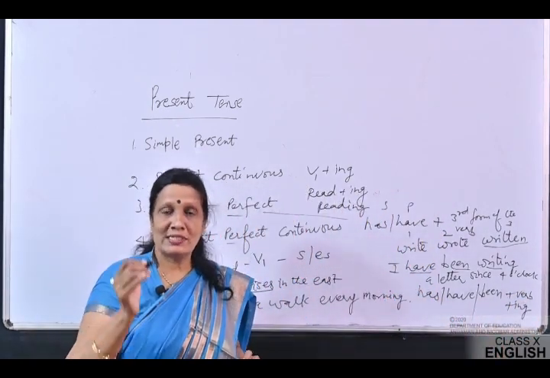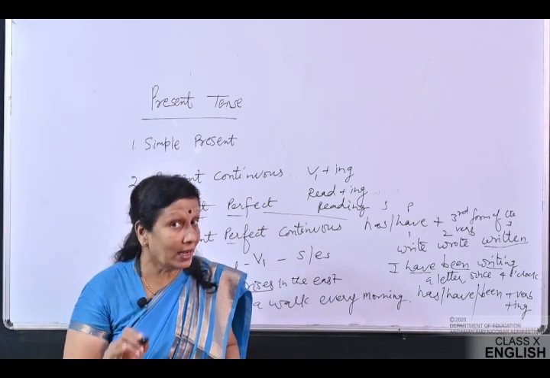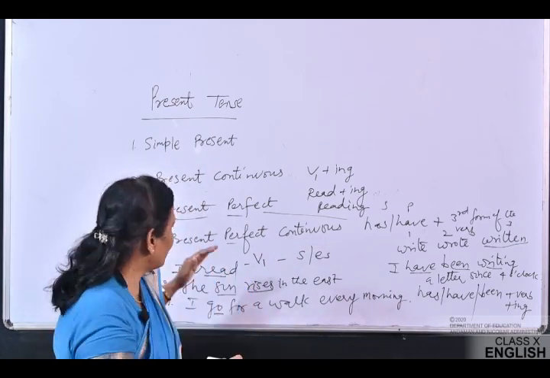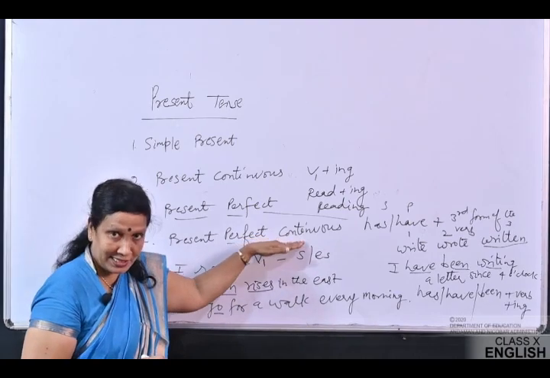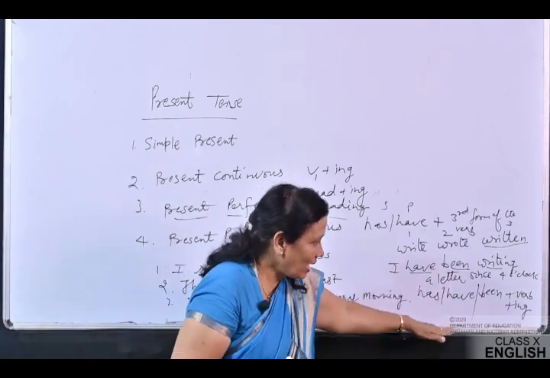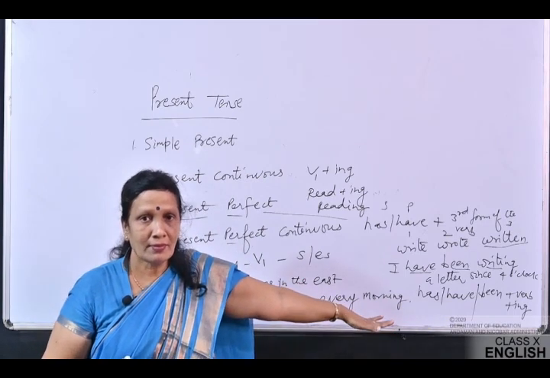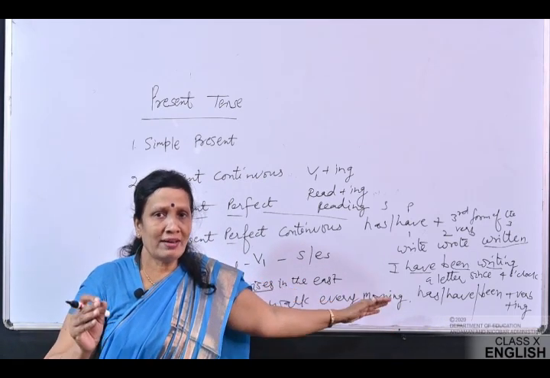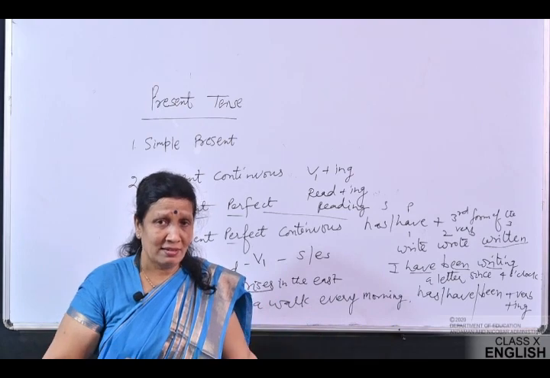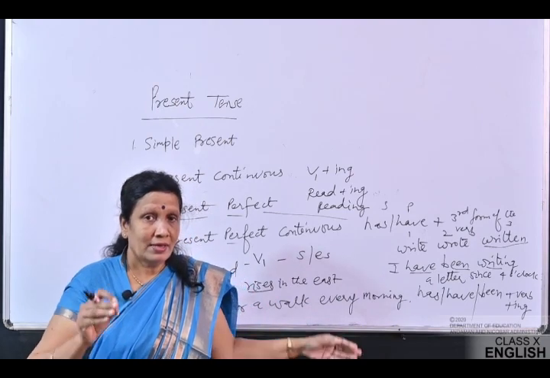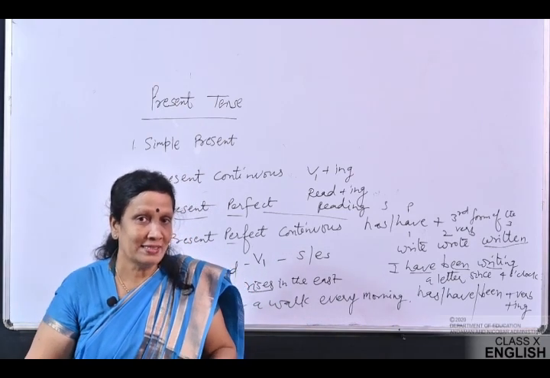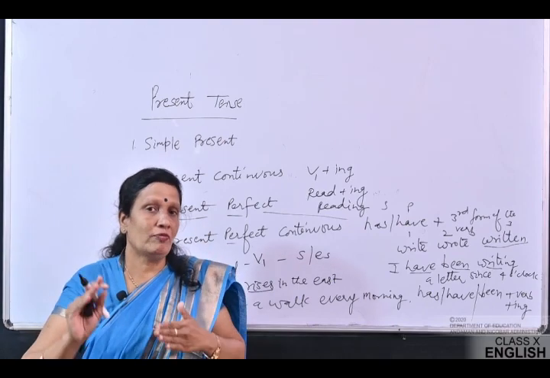All the continuous tenses will have the ing form. So, here present perfect continuous means has or have plus been plus verb plus ing. Okay? My friend has been sleeping since evening. He started sleeping and now also he is sleeping. That is a present perfect continuous.